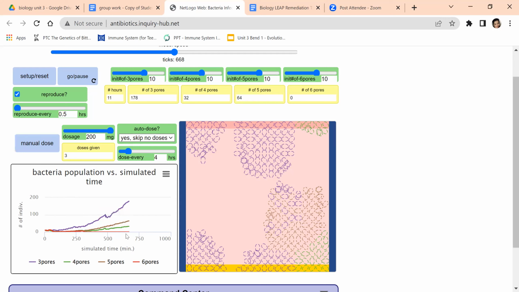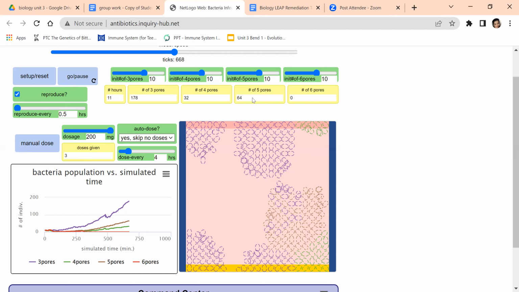If you look right here at the red, we've eliminated all of the red. So you see here, we started off with 10 of the red that had 6 pores, and we only had a couple of doses. Let's see, we did 3 doses, and we eliminated all of the red 6 pore bacteria.